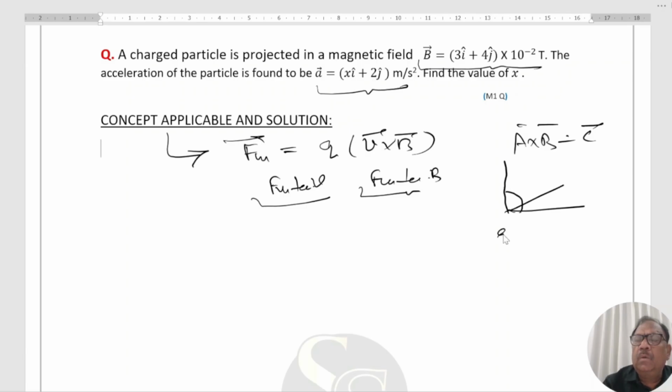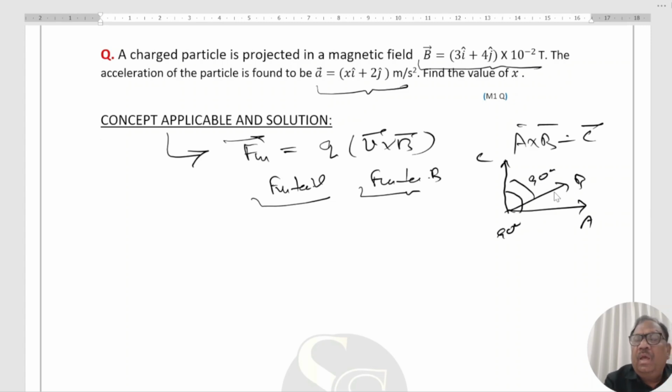This is 90 degrees and this is 90 degrees. This is A, this is B, this is vector C. So C is perpendicular to A, C is perpendicular to B. C is perpendicular to the plane of A and B.